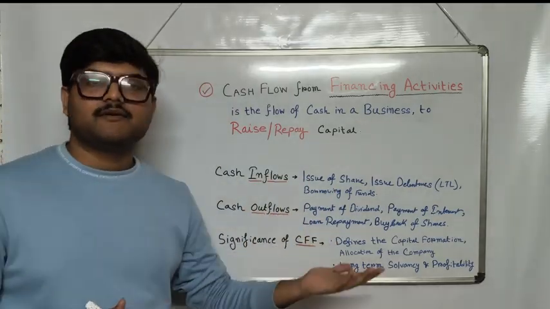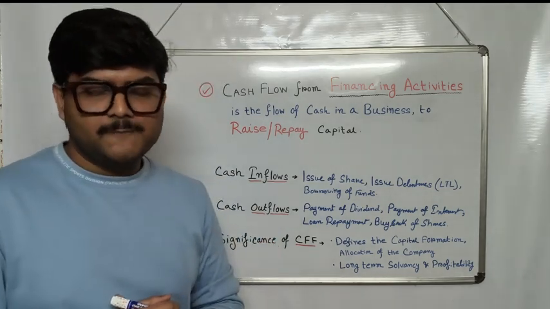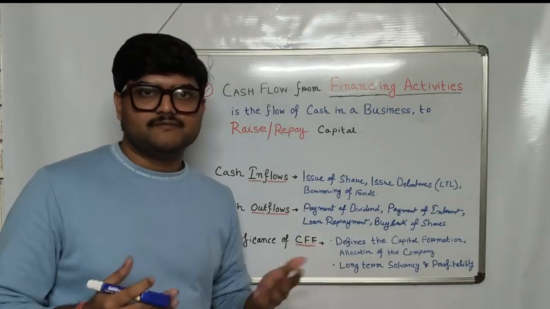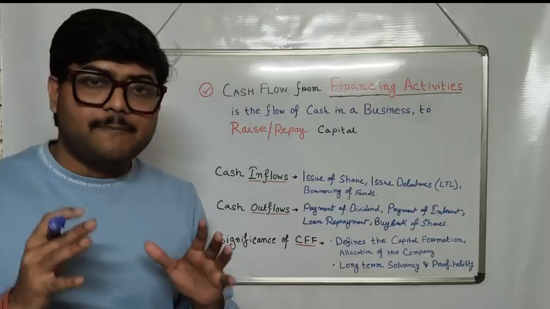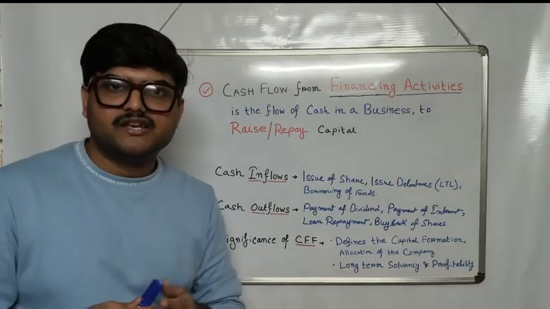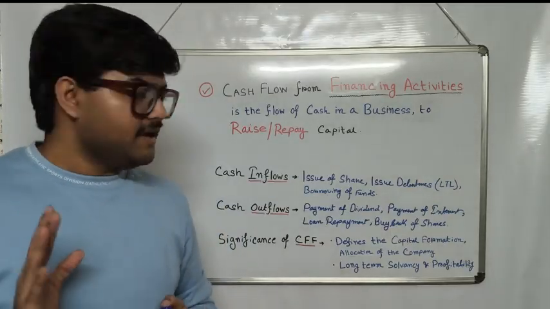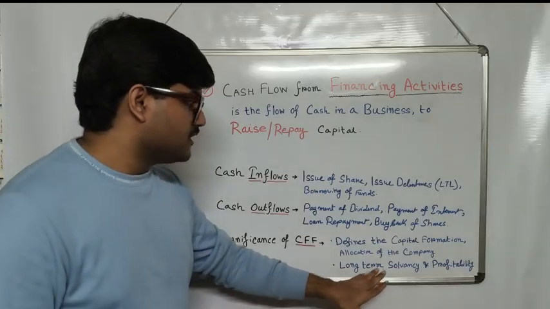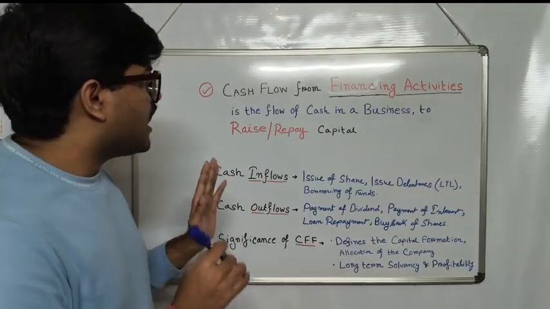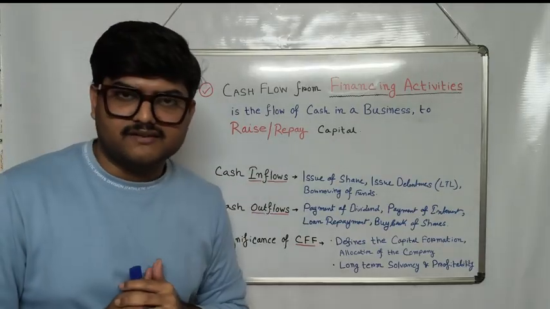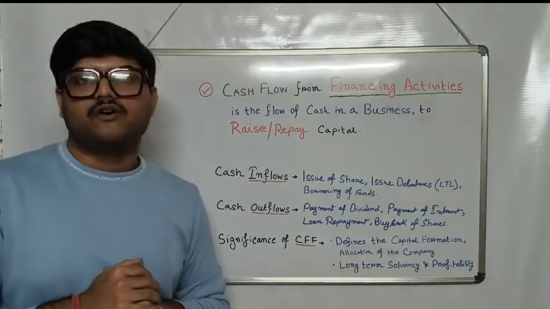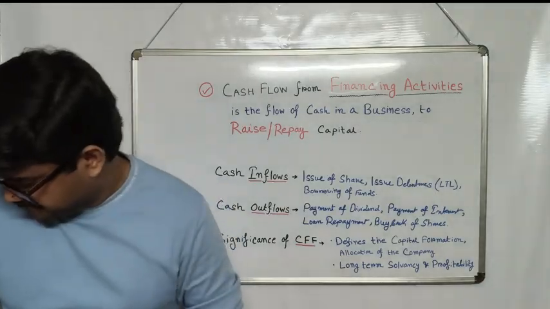So it tells us about the capital formation of the whole business. Next, the long-term solvency. Obviously, because we are forming the capital, the very reason the business will be functioning for years to come. Okay, so the long-term solvency and the profitability of the company is also understood through the financing activities. So this is the idea of cash flow from financing activities.